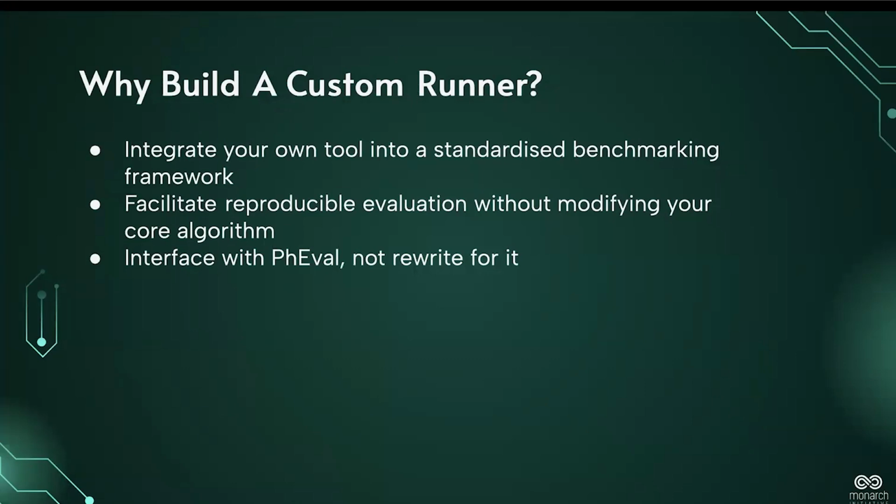With PhEval, you always get the same set of metrics evaluated, where we try to give the full picture, not just focused on precision or just on recall. It gives the full picture of how the tool performs. And this can help facilitate reproducible evaluation without modifying your core algorithm. The key point here is that you just need to figure out how to interface your tool with PhEval. You don't need to rewrite your tool for it.